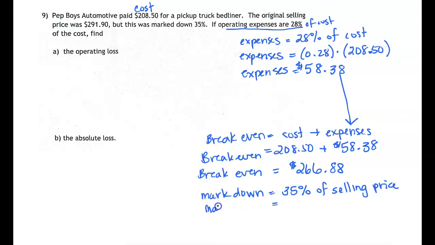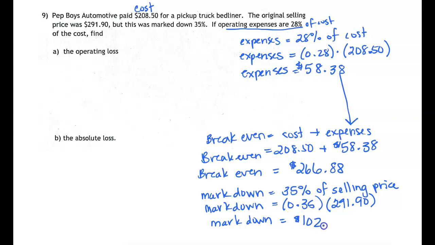Our markdown dollar amount is calculated as 0.35 for the decimal equivalent of 35%, and the original selling price was $291.90. This tells us that we have a markdown of $102.17.